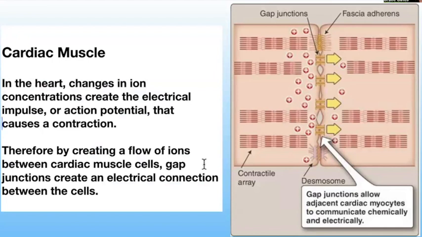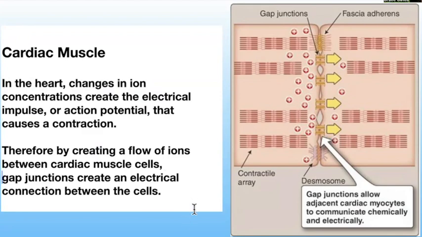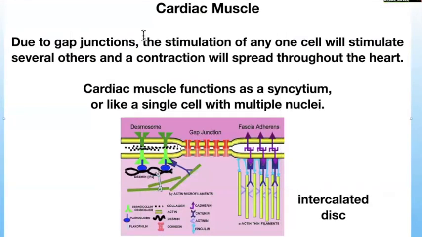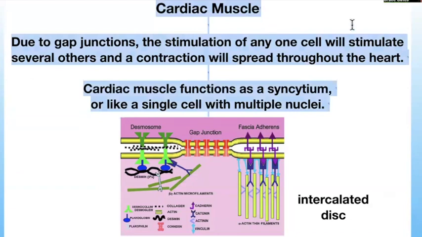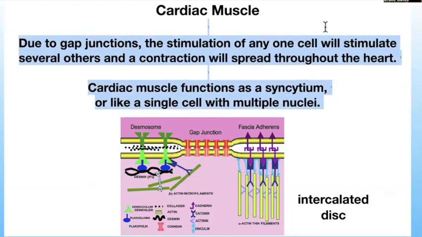Therefore, by creating a flow of ions between cardiac muscle cells, gap junctions create an electrical connection between the cardiac cells. Due to the gap junctions, the stimulation of one cell will stimulate several others, and then the contraction will spread throughout the heart.